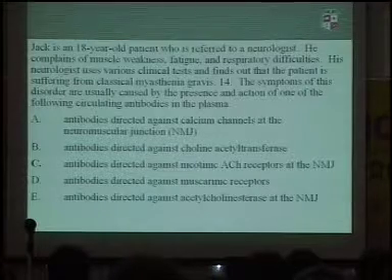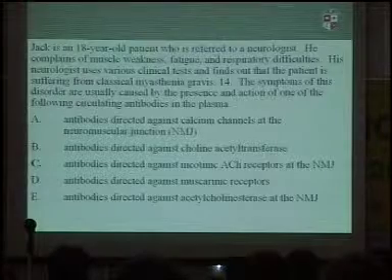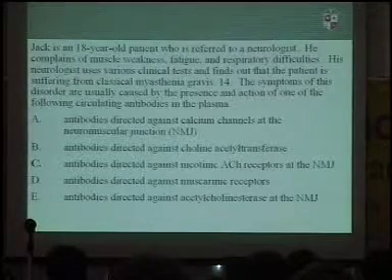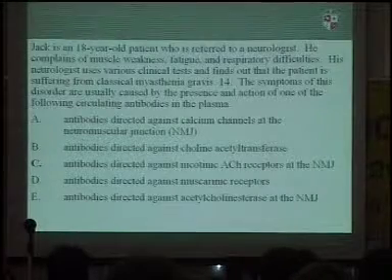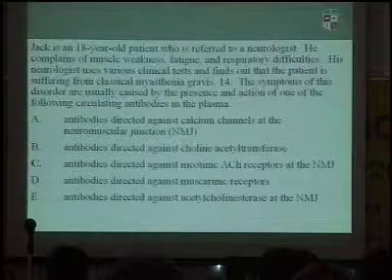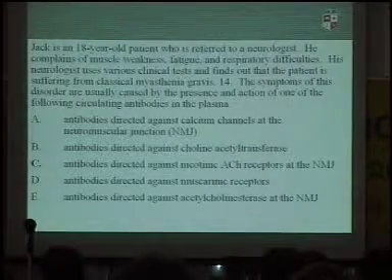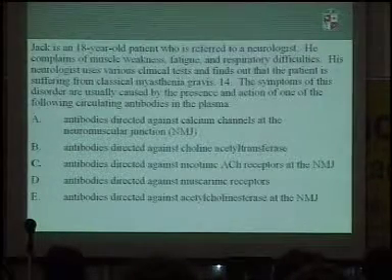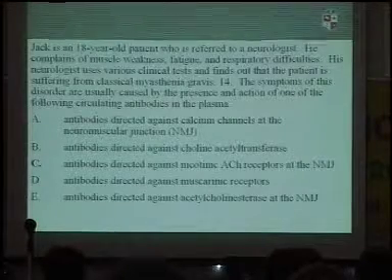Antibodies against the calcium channels at the neuromuscular junction, antibodies directed against choline acetyltransferase, antibodies directed against nicotinic acetylcholine receptors at the neuromuscular junction, antibodies directed against muscarinic receptors, antibodies directed against acetylcholinesterase at the neuromuscular junction. Please vote.